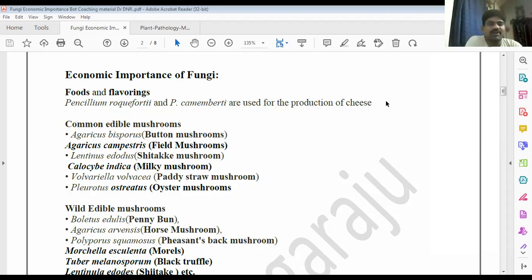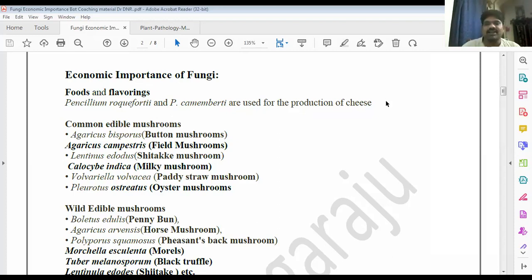Very important topic. So many times, so many questions are raised from this economic importance of the fungi. From edible fungi to microbes, so many questions arise from the economic importance of fungi in agriculture, industry, medicine, environment, all the aspects, food industry.